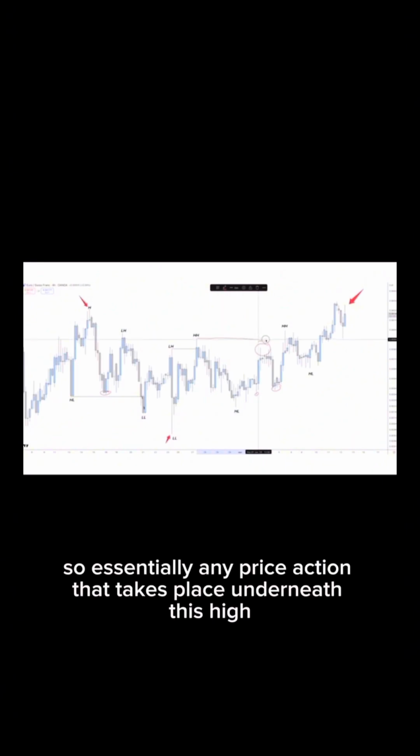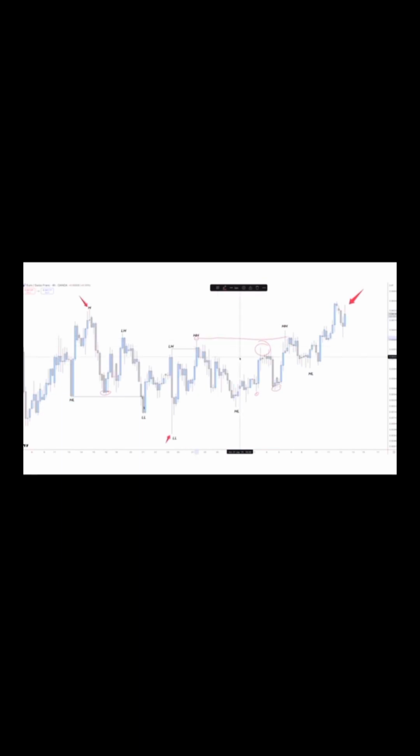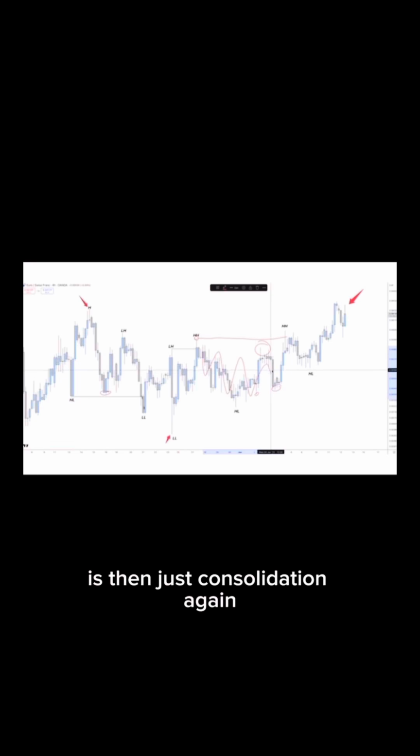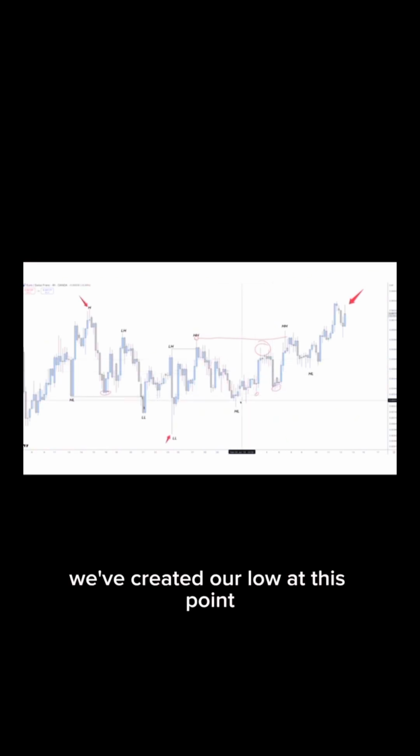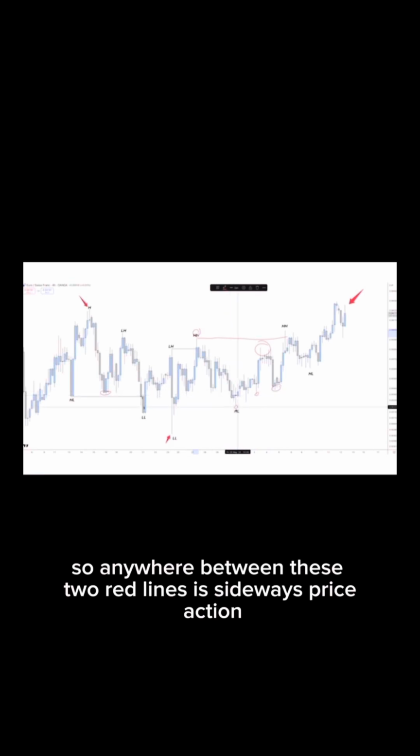So essentially, any price action that takes place underneath this high is then just consolidation again. We have created our low at this point. We created our high at this point. So anywhere between these two red lines is sideways price action.